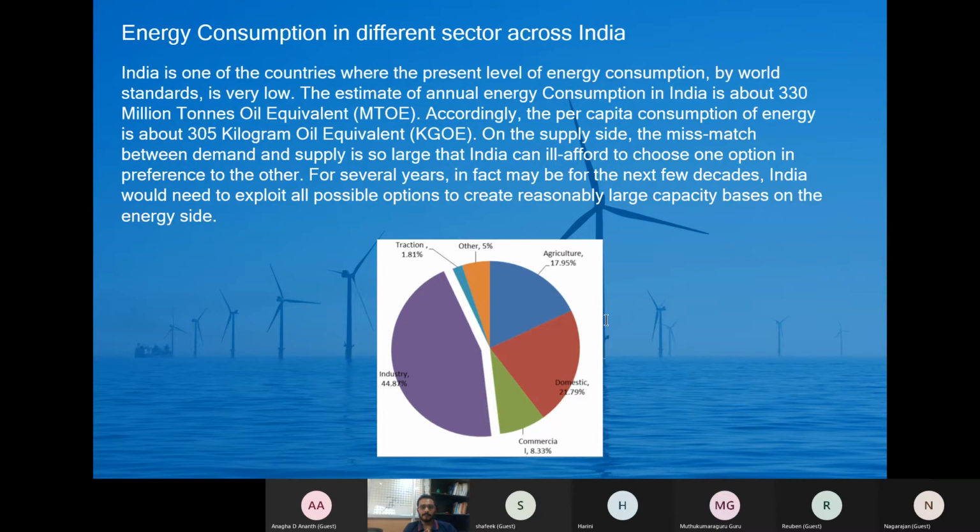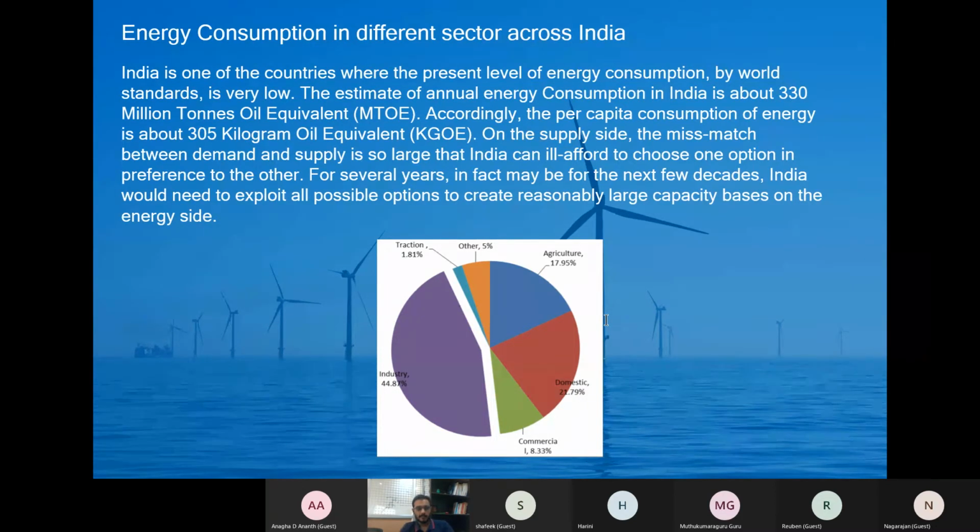On the supply side, the mismatch between demand and supply is so large that India can ill afford to choose one option in preference to another. So they are not meeting their energy demands. For several years, in fact maybe for the next few decades, India would have to explore all possible options to create reasonably large capacity on the energy side.